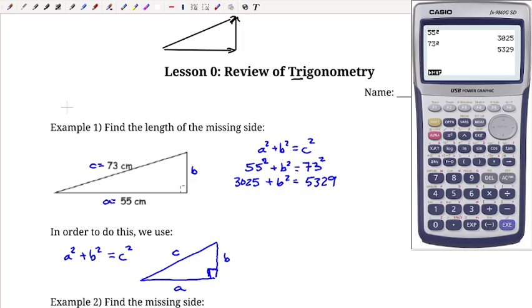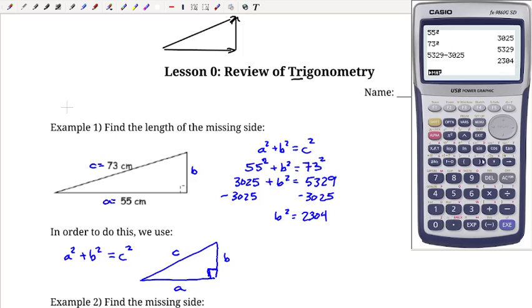To solve for b, I'm going to subtract the 3025 from the left-hand side to get the b squared by itself. So I've got b squared equals 5329 minus 3025. That's b squared is 2304.